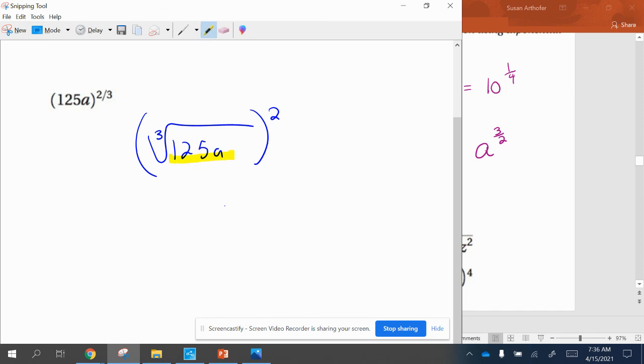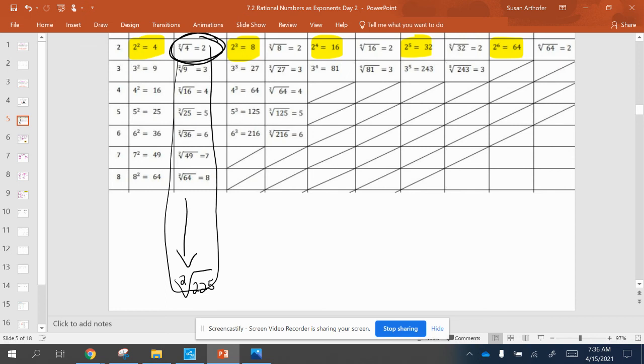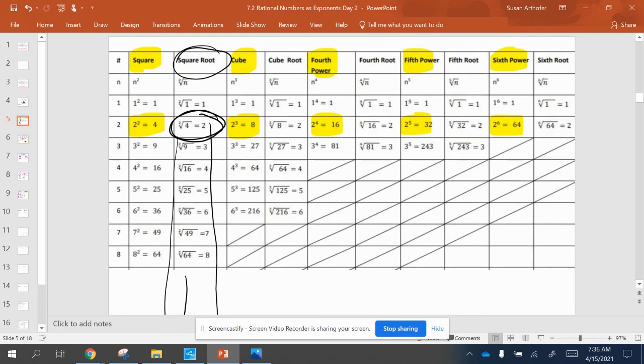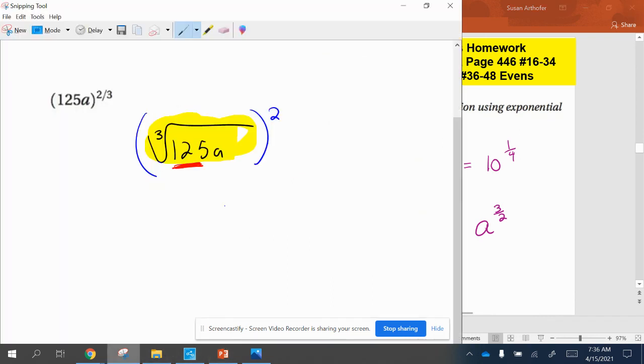Then focus on the inside and bring down the outside power, okay? So can you do cubed root of 125? Yes, you can. It's on your chart, and you have to know that. Cubed root of 125 is worth 5. Okay, so you've got to get used to the numbers that you can do.